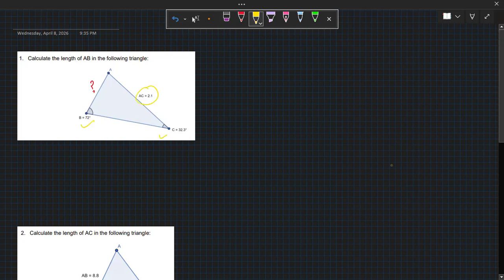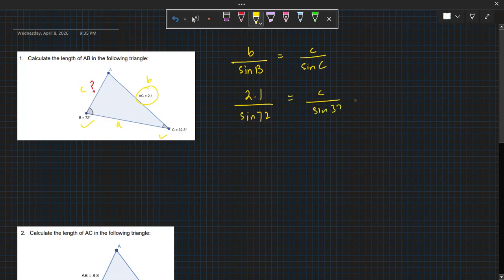Sir, we can use sine. Yes, definitely, we have to use the sine rule. This is going to be small c, this is small a, and this is small b. So I'm going to use b over sine B and c over sine C. c is unknown, b is 21.1 divided by sine 72 equals c over sine 32.3.